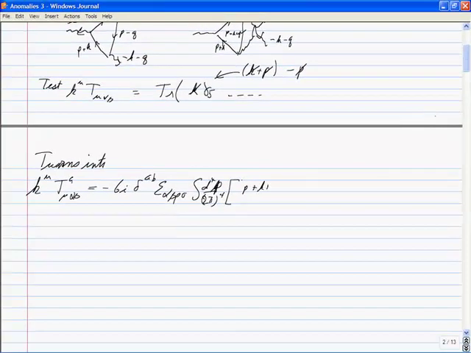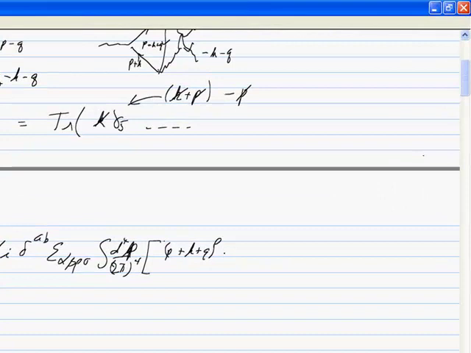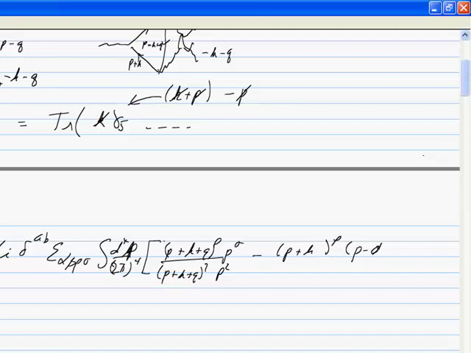It's p plus k plus q rho p sigma over this thing squared, minus p plus k rho p minus q over p plus k p minus q squared. And then there's 2 more terms.